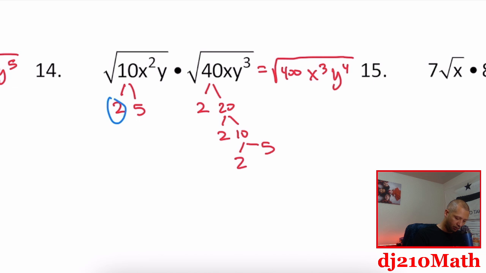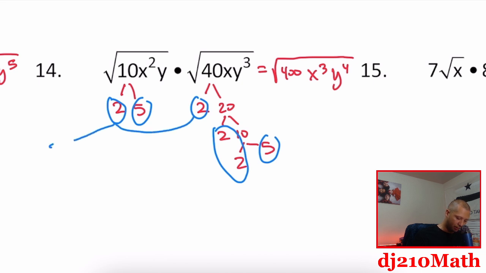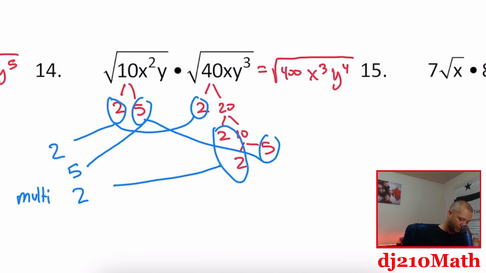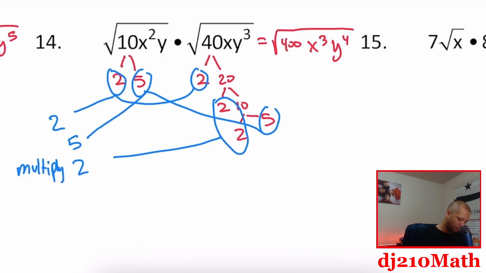So here's a pair, here's a pair, and here's a pair, right? So those are going to come out as a 2. Those are going to come out as a 2. And these are going to come out as a 5. And you multiply all of these together. 2 times 2 is 4 times 5 is 20. So 20 is definitely outside of the square root.